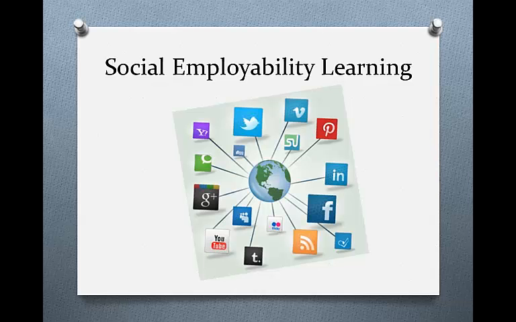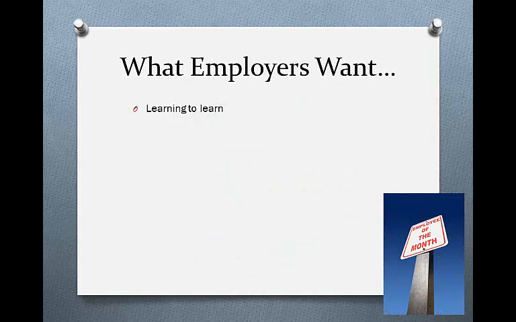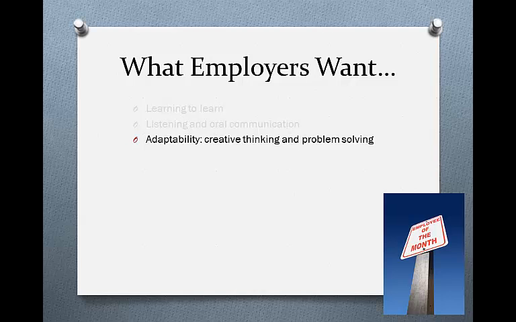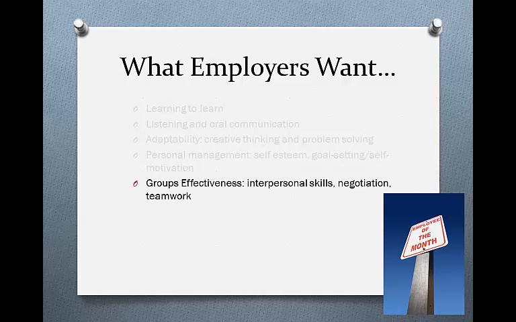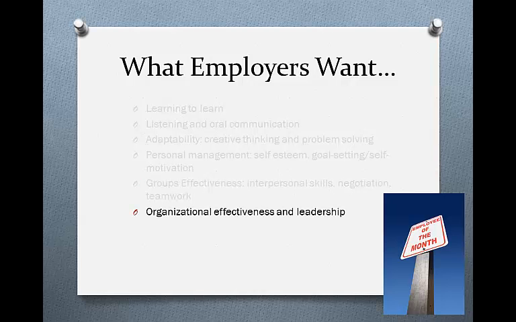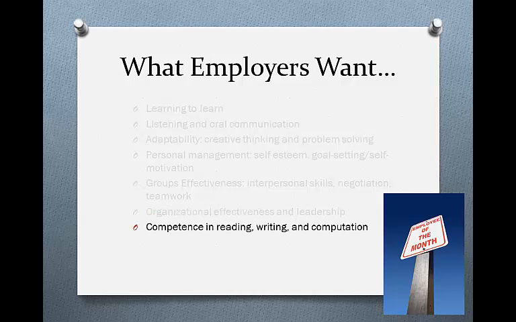When the U.S. Department of Labor, Employment and Training Administration looked at what employers most want from potential employees, they are looking for students who have learning to learn skills, with strong listening and oral communication skills, adaptability with creative thinking and problem solving, personal management, translating to self-esteem, goal setting, and self-motivation, group effectiveness, interpersonal skills, negotiation, organizational effectiveness, and leadership, and finally, competence in reading, writing, and computation.